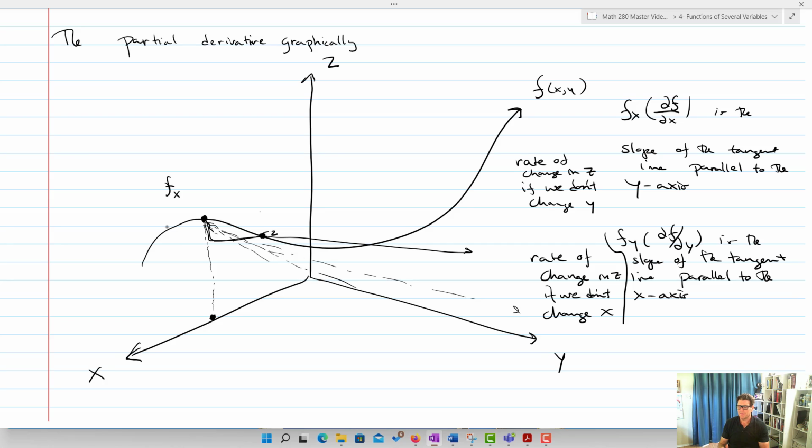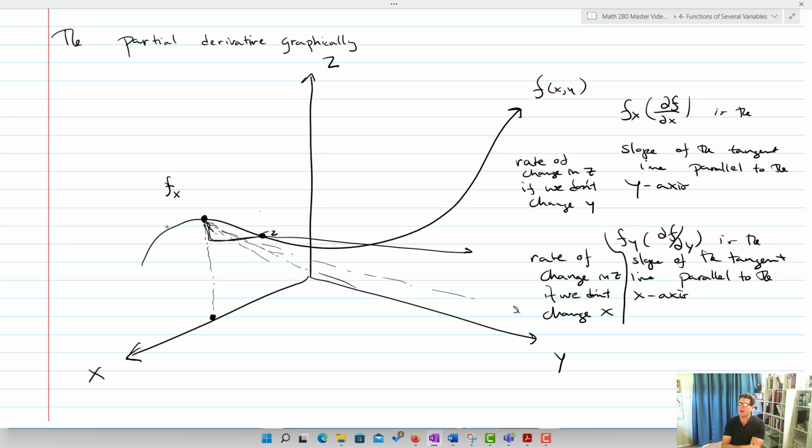If we change x, that's fx, and the rate of change in z with respect to y is our fy.